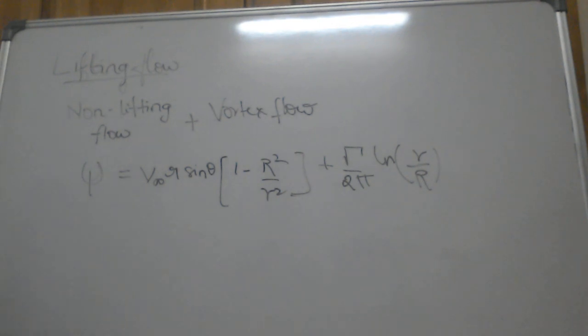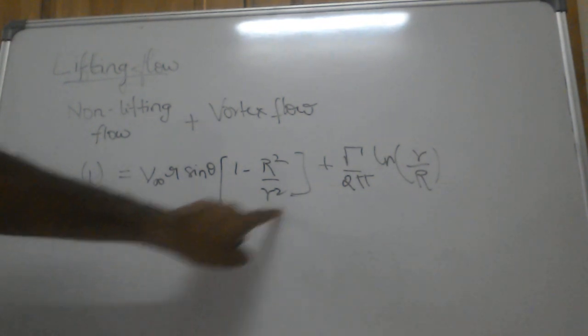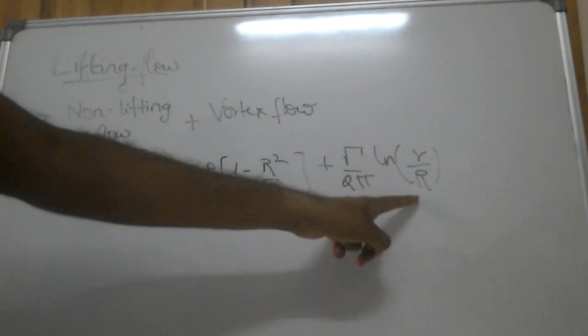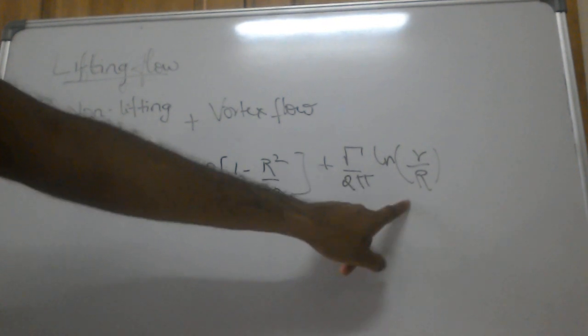Now from here you can kind of guess why we chose that arbitrary constant in the vortex flow, which is gamma by 2 pi ln capital R. Now if you see in this equation, if you substitute small r equals capital R, what you would end up is that this term would go to 0 and this logarithm would be logarithm of r by R, which is capital R by capital R, which would be 1, and logarithm of 1 is 0.